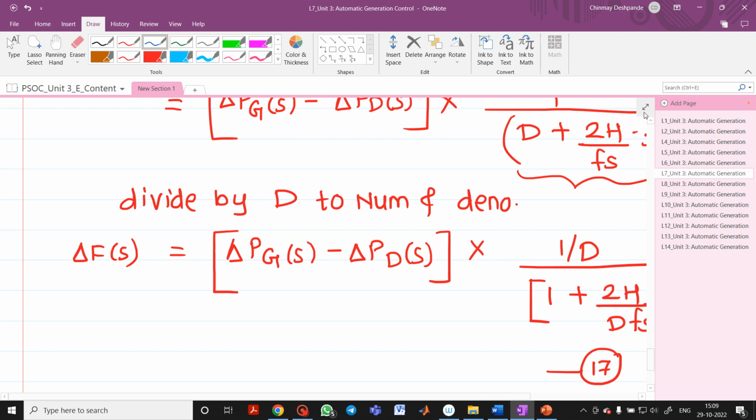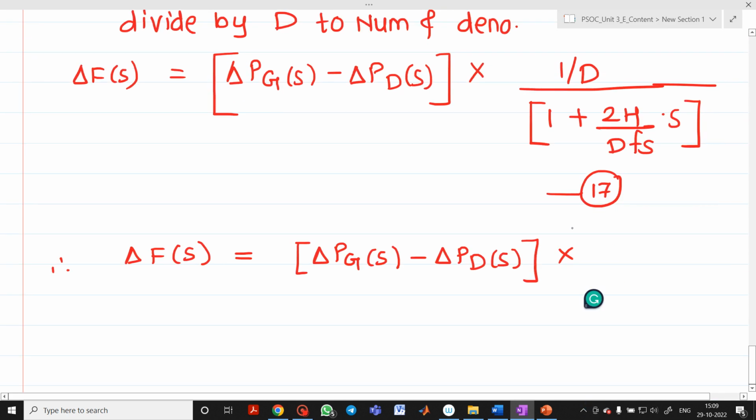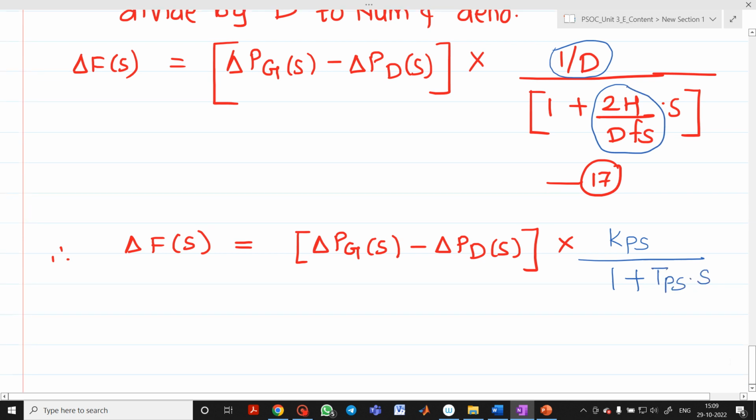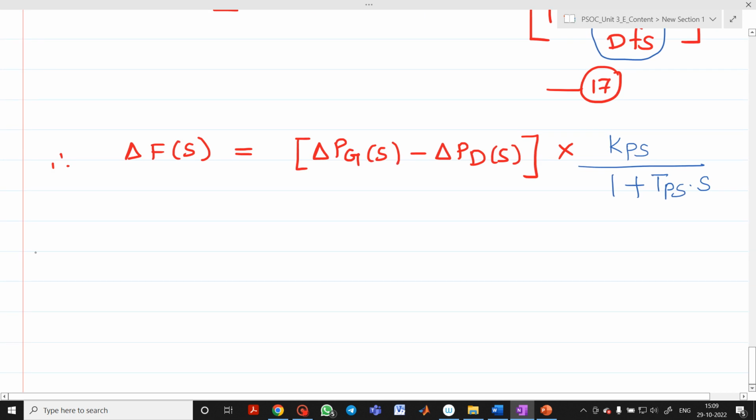This term we are going to take as Kps upon 1 plus Tps into S. Let me tell you what Kps is. Kps is equal to 1 upon d.